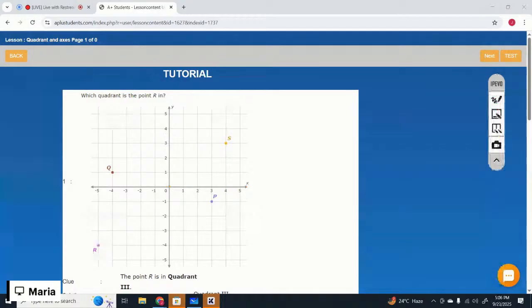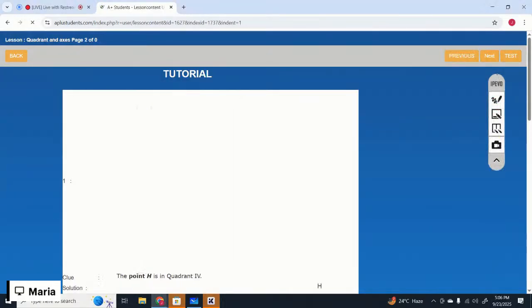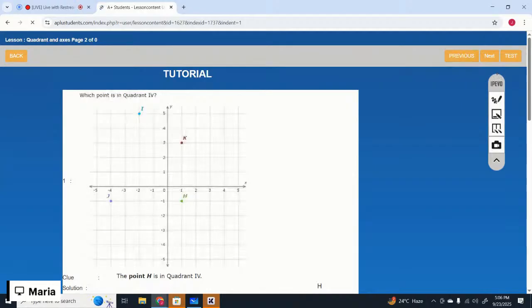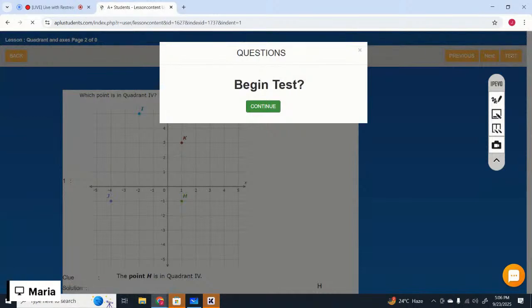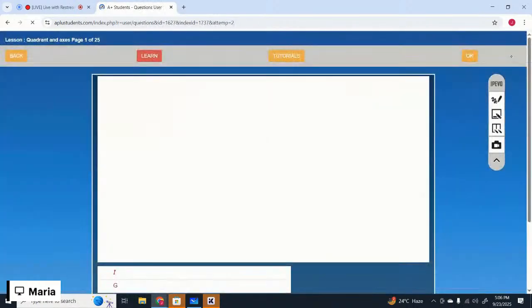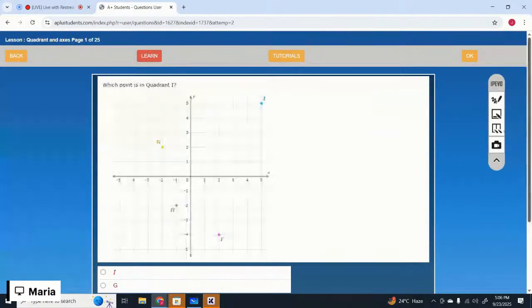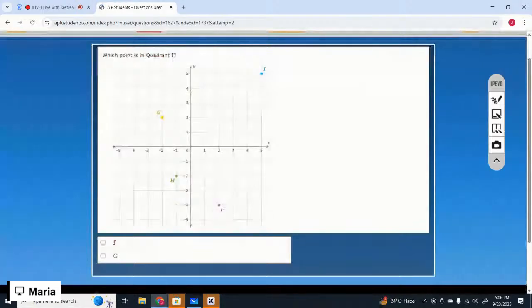Okay, let's just start with the test questions. Which point is in quadrant 1? So which is the correct option, I or G?